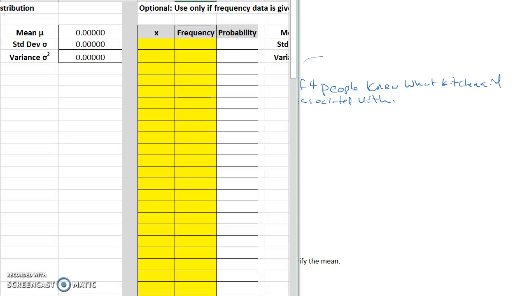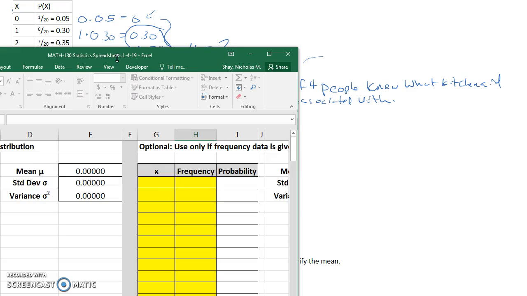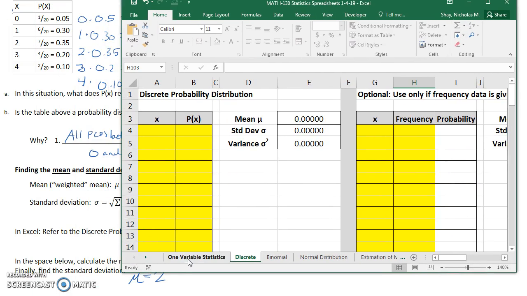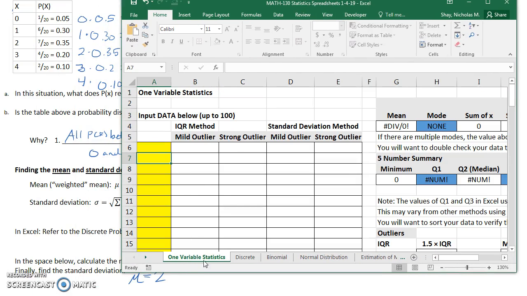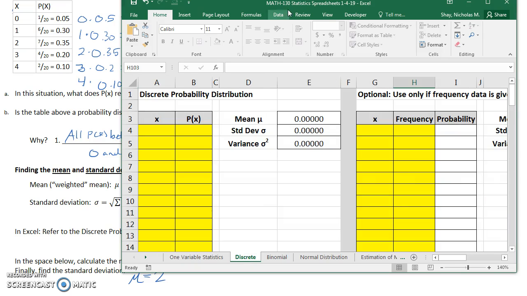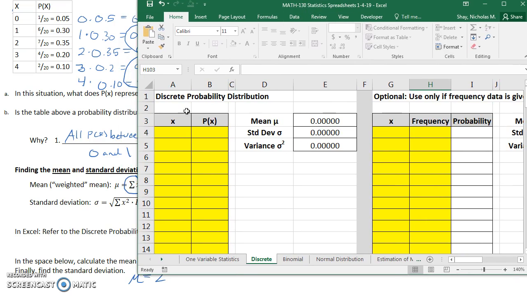What you want to do here is use our Excel worksheet. When you open that up, it's probably going to open up to the one variable statistics spreadsheet, but we have a couple of tabs along this bottom line. This one here says discrete. When I click on that discrete tab, I can enter these values in. We're going to use the one on the left-hand side because we have the x's and the P of x values. The x values are 0, 1, 2, 3, and 4.